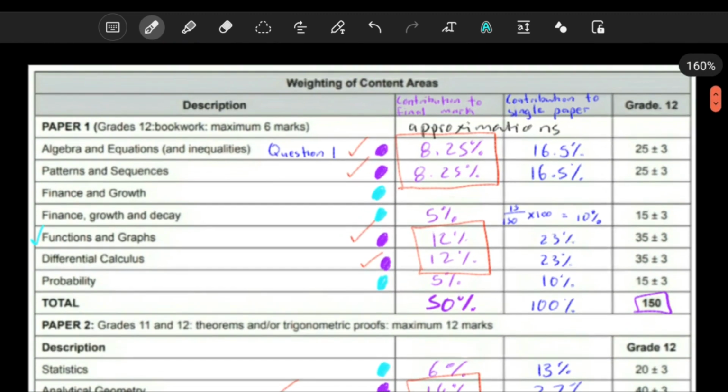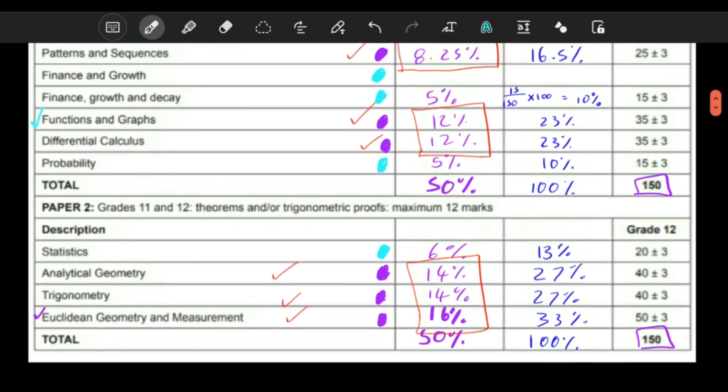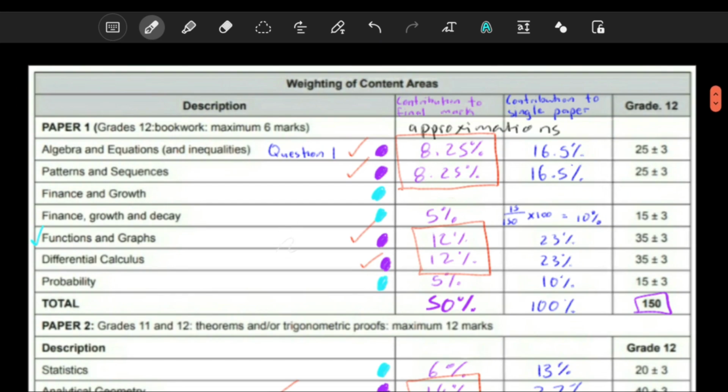Others that you can easily do back to back are something like differential calculus and functions and graphs, if you decide, which will be fine.